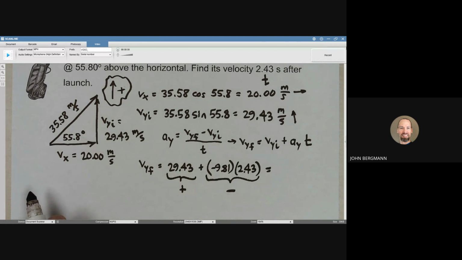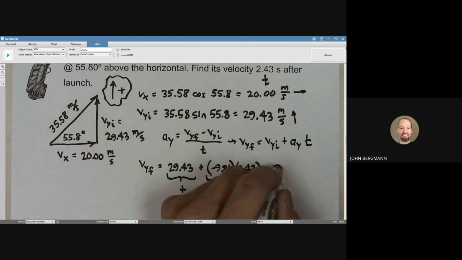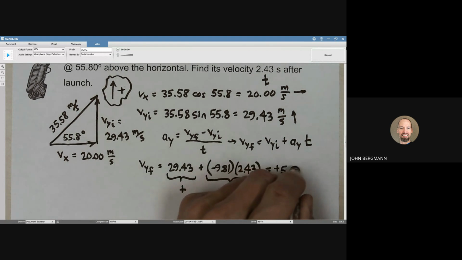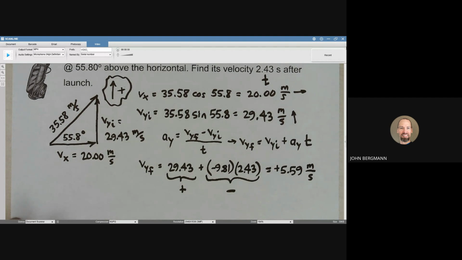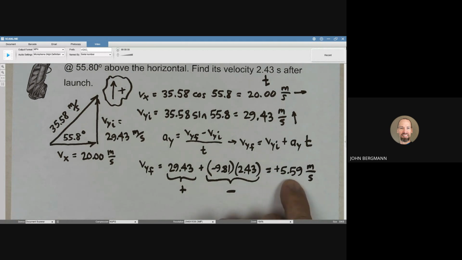And when you type this into your calculator, you get something like 5.59 meters per second. Now, what does that mean? Well, what it means is that this set of golf clubs is still on the way up. It hasn't reached the top yet.